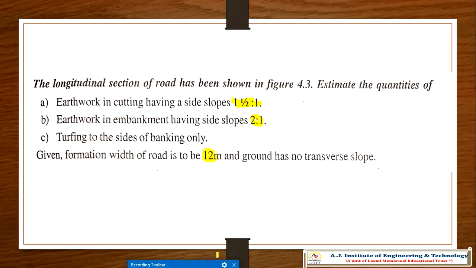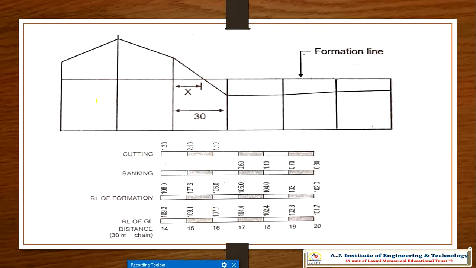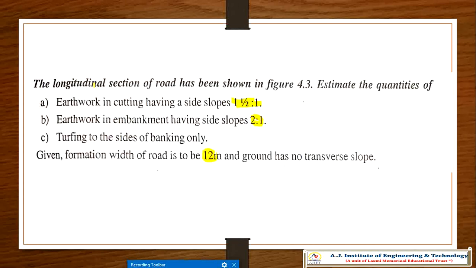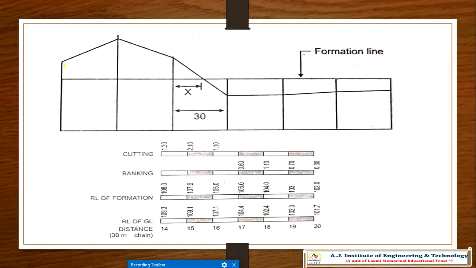Okay. So now this is the figure, and this is falling under the same method. There is no change in this particular way of calculating depth. Depth calculation is the same.